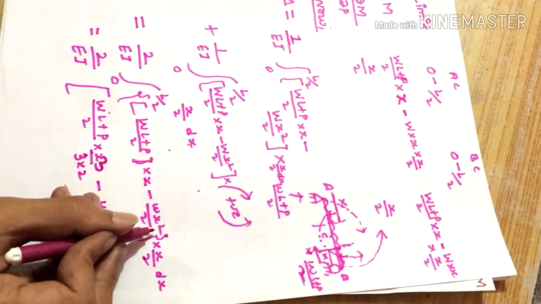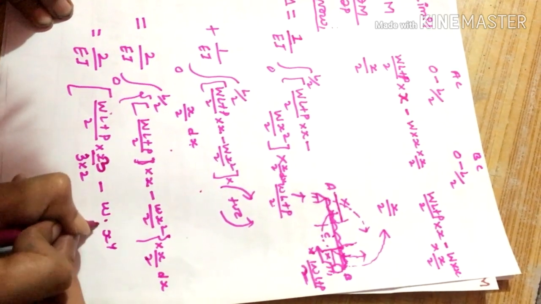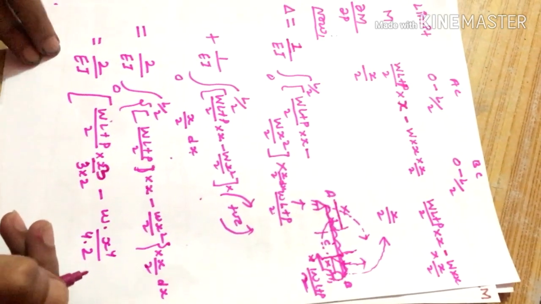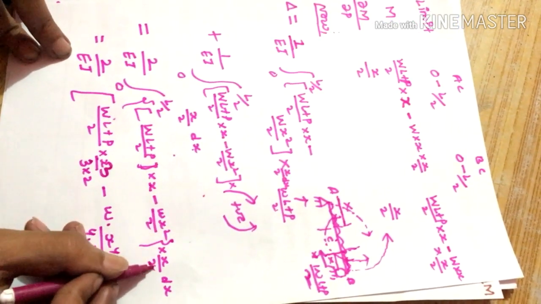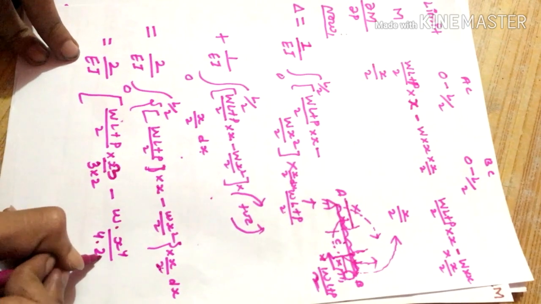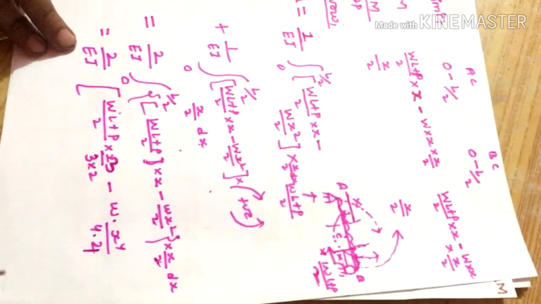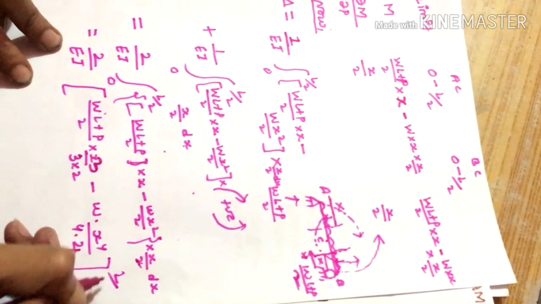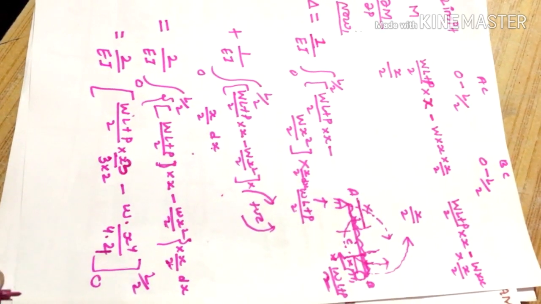On integrating X cubed with respect to dx we get X to the fourth by 4, into 2. 2 multiplied by 2 is 4. Now let us replace all these, upper limit minus lower limit.